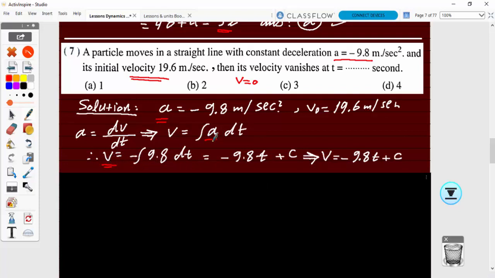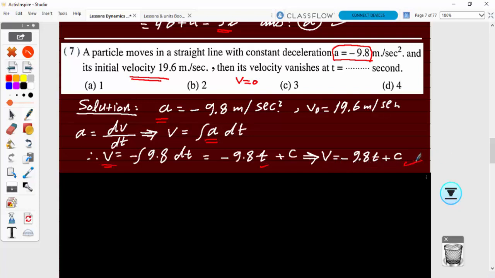What is the value of a? It is negative 9.8. So we write negative integration 9.8 dt. The result will be negative 9.8t plus c. It means v equals negative 9.8t plus c.